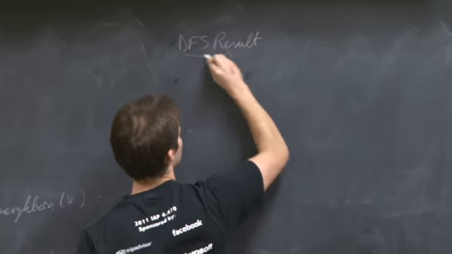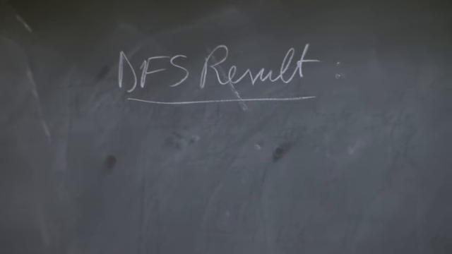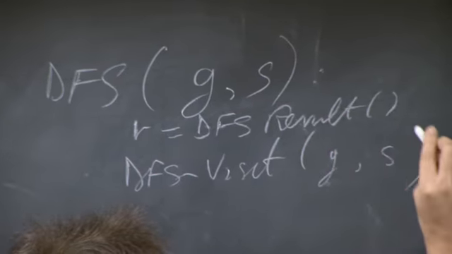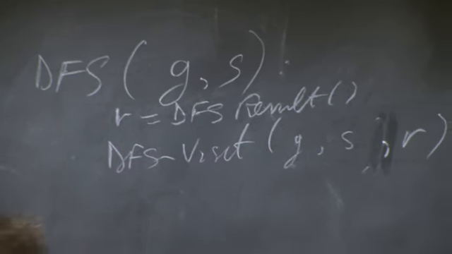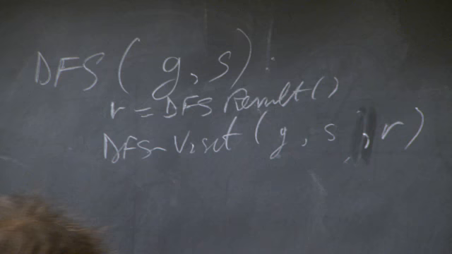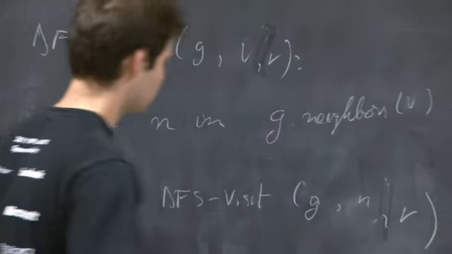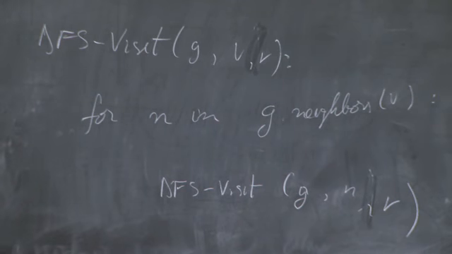At the beginning of DFS, I'm going to create a new object, and then I'm going to pass it on to DFS visit. So now we have a drawer where we can put everything we want.